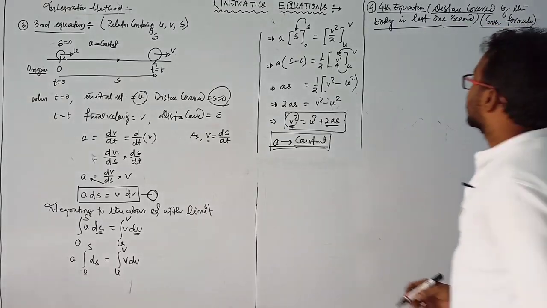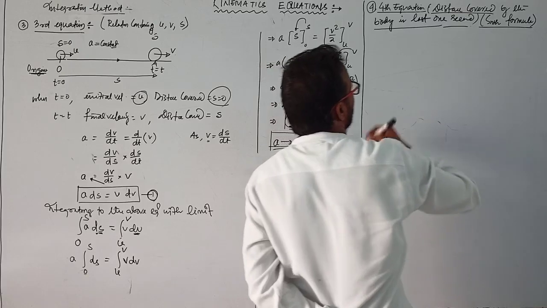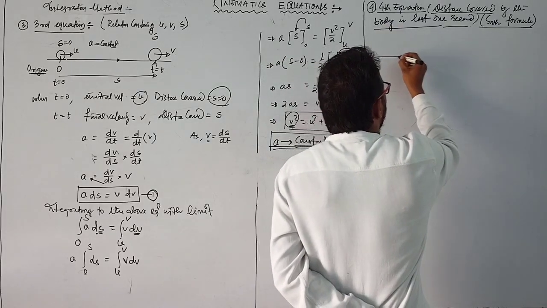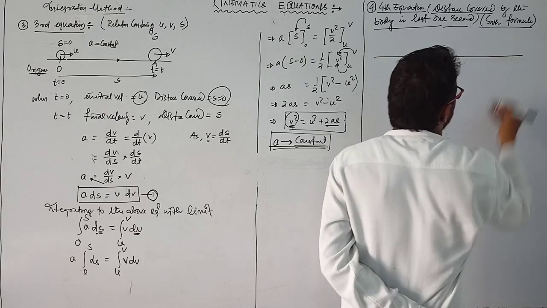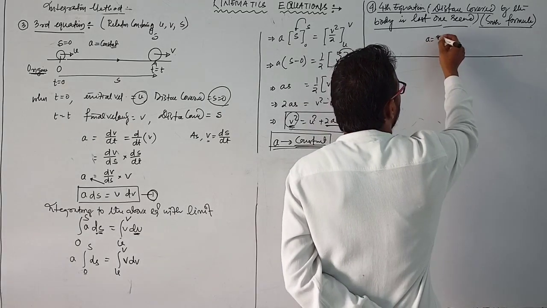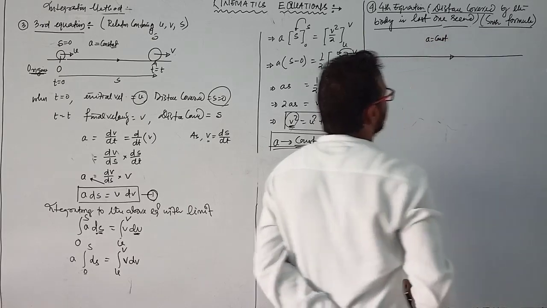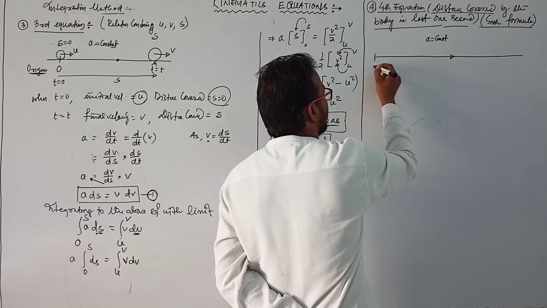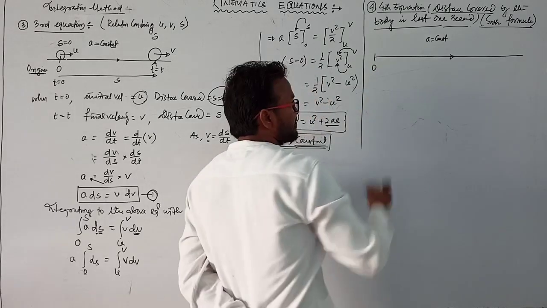Clear? So in this case, suppose a particle is moving in a straight line path with constant acceleration. Suppose its starting point is here and this point is O, meaning origin.